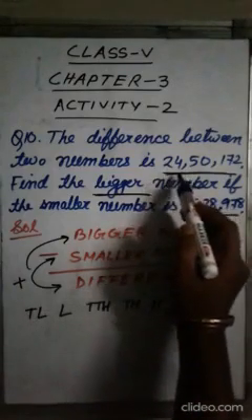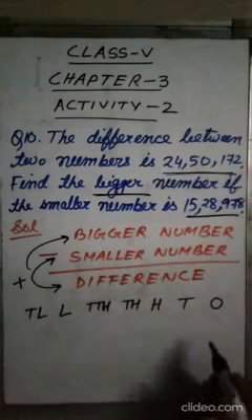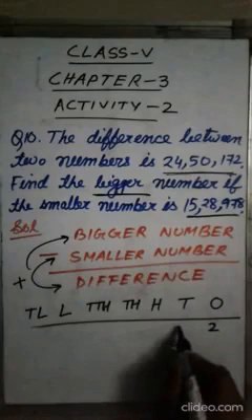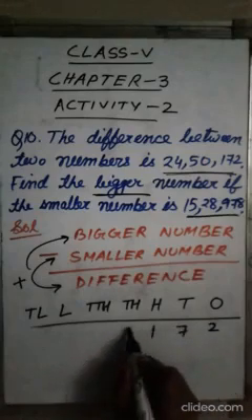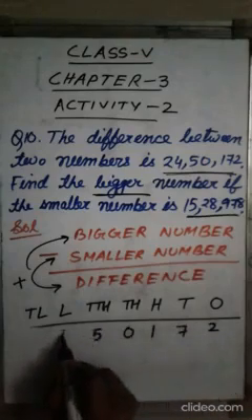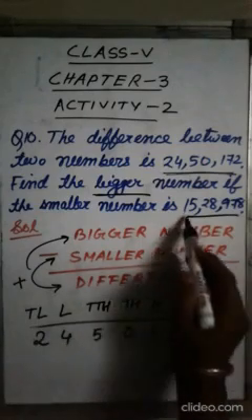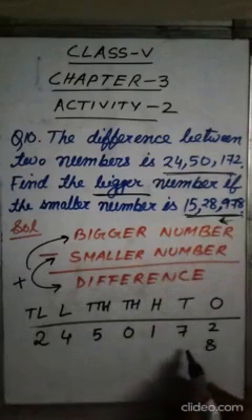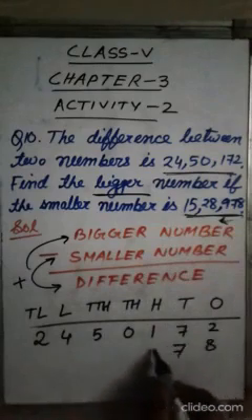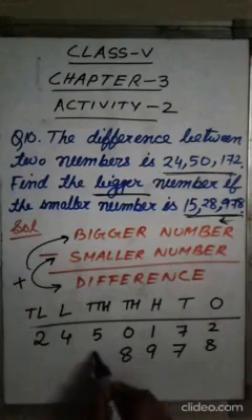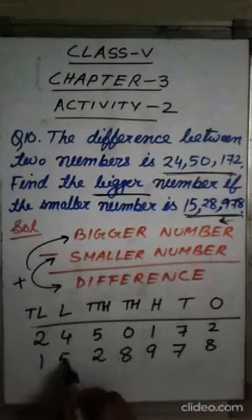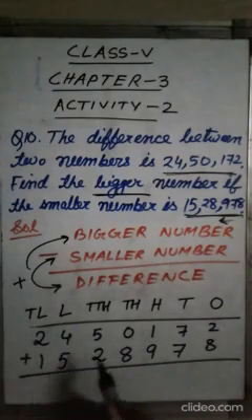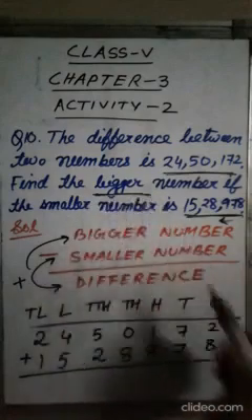The two numbers are 2, 7, 1, 0, 5, 4, 2, and this number entering from the back side 8, 7, 9, 8, 2, 1, 5. I have to add these two numbers to get the bigger number.